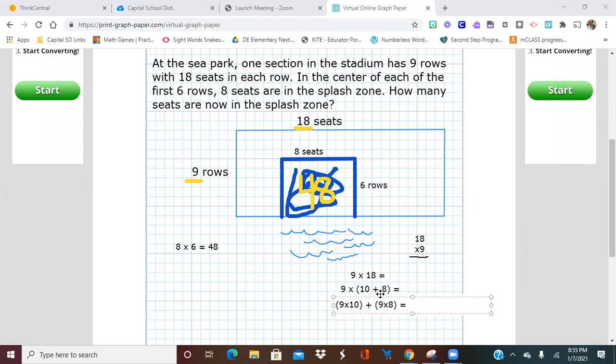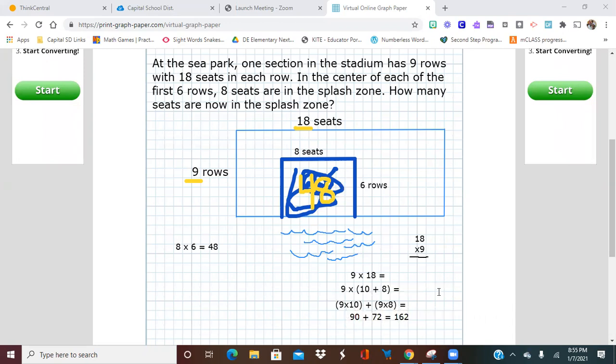Okay, now I can multiply. 9 times 10 is 10, 20, 30, 40, 50, 60, 70, 80, 90. Plus, and 9 times 8 is 72. So now I have 90 plus 72, which equals 162.